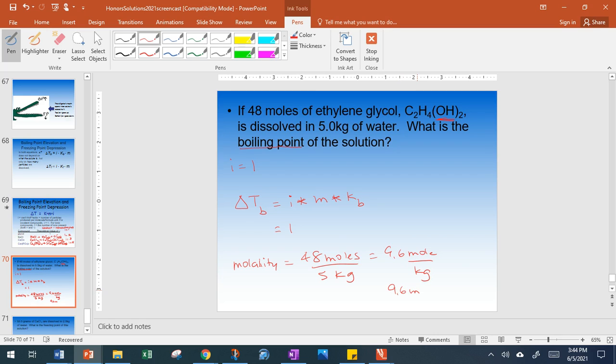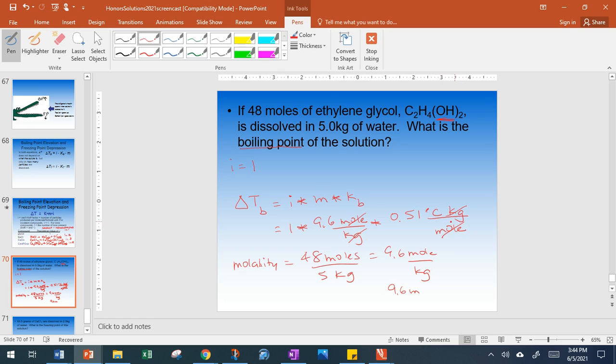So here, I'm going to plug that in: 1 times 9.6 moles per kilogram, or I could have put 9.6 m, and then I'm going to use 0.51 degrees C kilogram over mole. And you notice here, kilograms cancel out, moles cancel out.